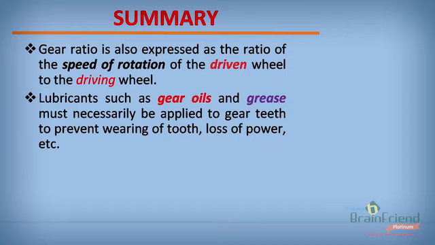We also learned that gear ratio is also expressed as the ratio of the speed of rotation of the driven wheel to the driving wheel. We saw that lubricants such as gear oils and grease must necessarily be applied to gear teeth to prevent wearing of tooth, loss of power, etc.